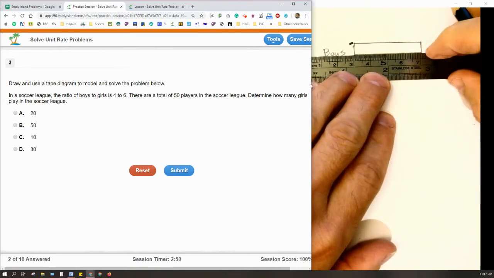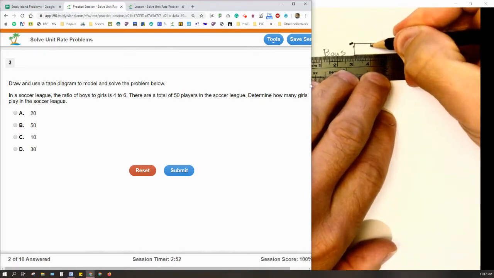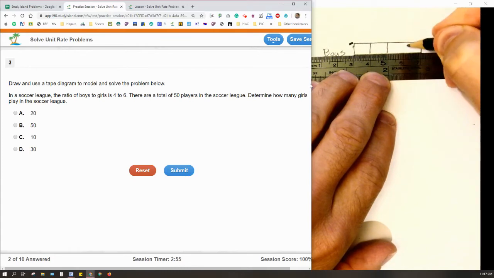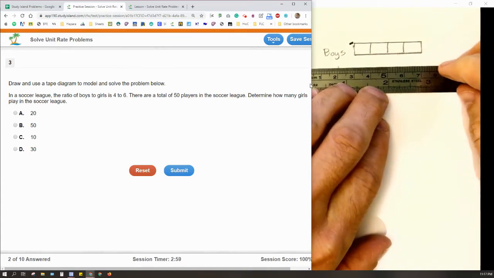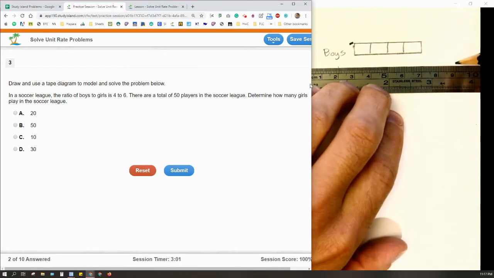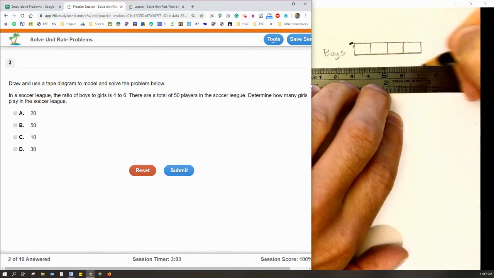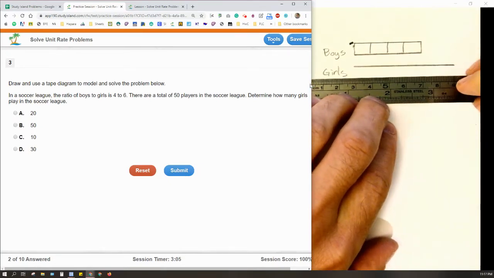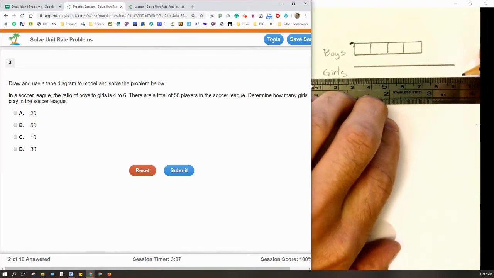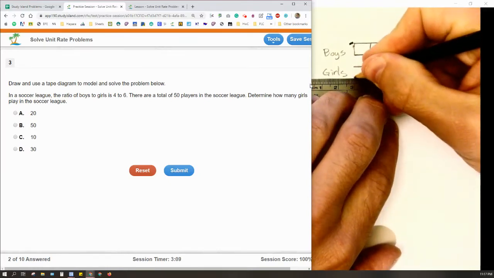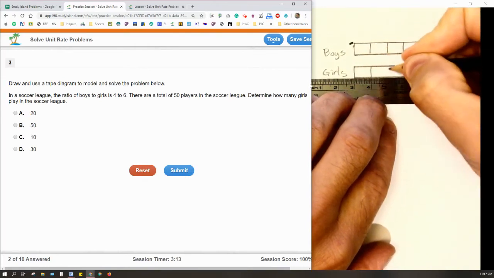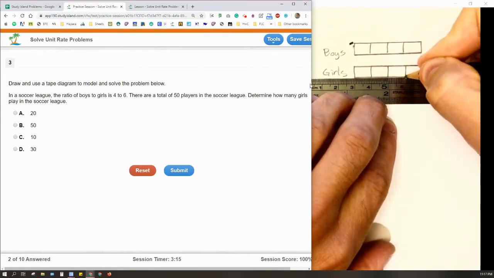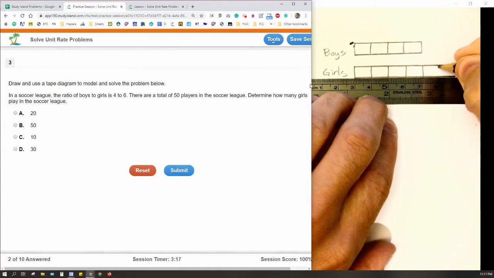And mark that off. 1, 2, 3, and 4. And then for the girls, they get about 6 centimeters because they get 6 sections. 1, 2, 3, 4, 5, and 6.